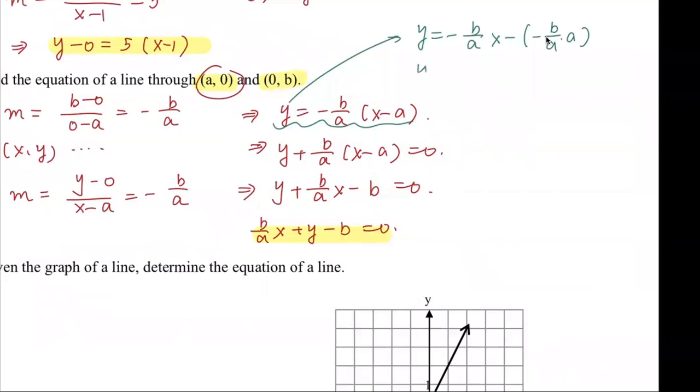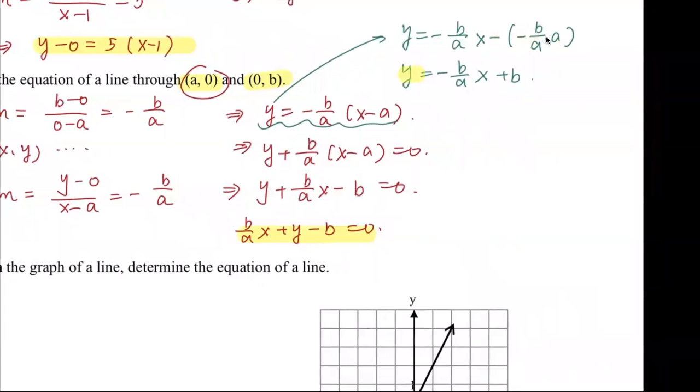So this gives us minus b over a x. And minus b over a times a, that's just minus b, right? Minus, minus b, that'll be plus b. I don't know if this looks familiar to you.